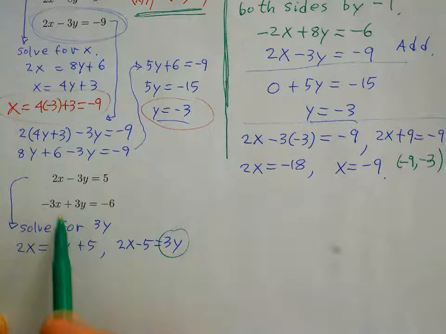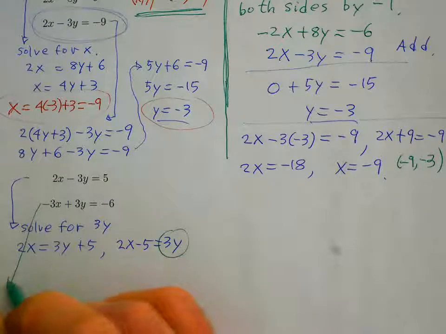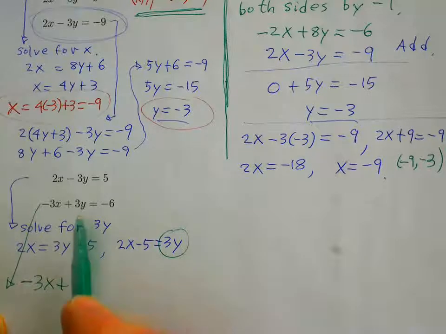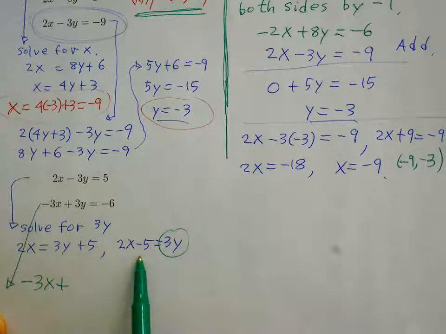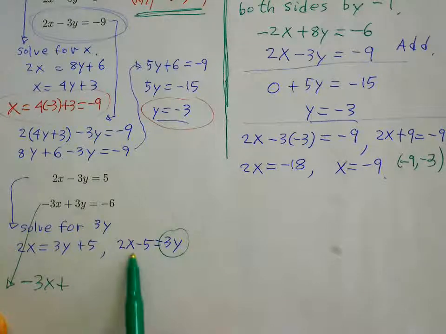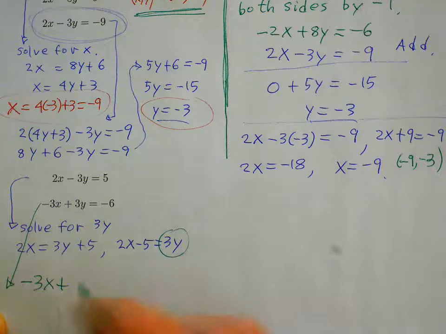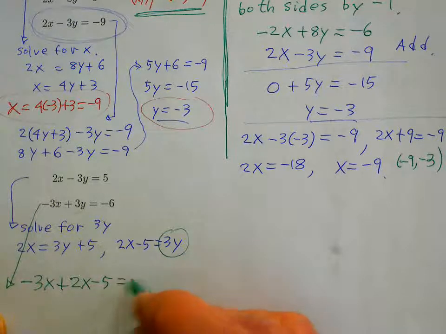So now in the bottom equation, I'm going to replace 3y with what 3y is equal to from the other equation. So instead of plus 3y, I'm going to write plus 2x minus 5 equals -6.